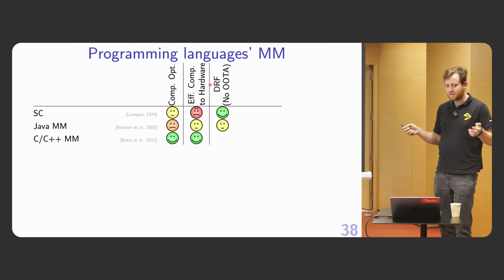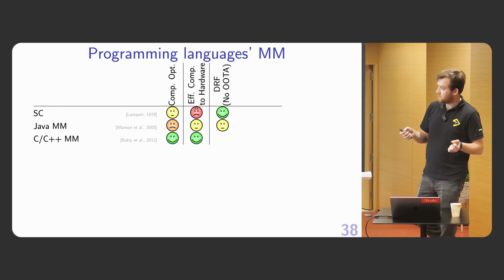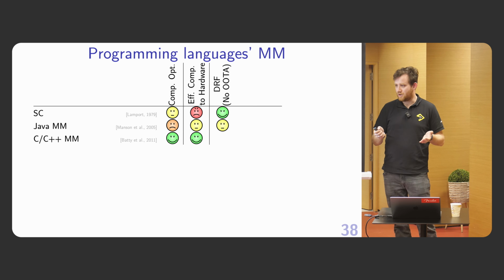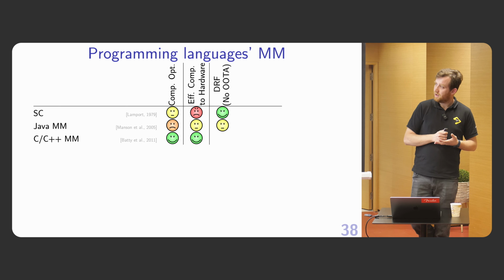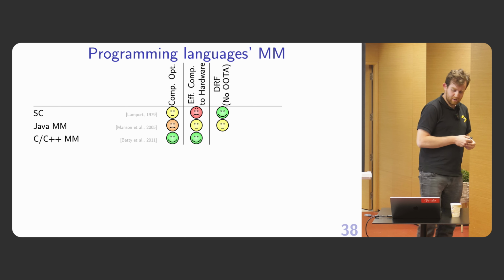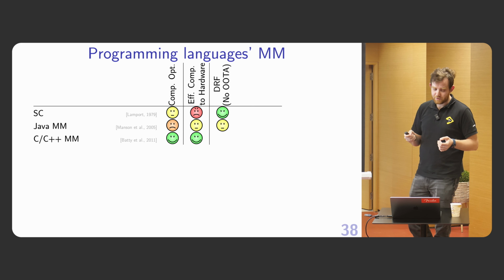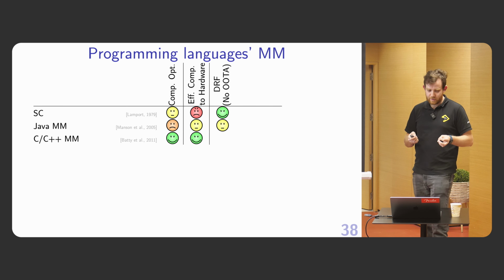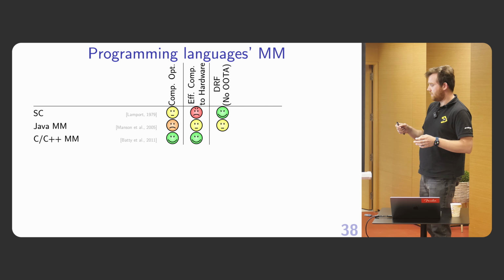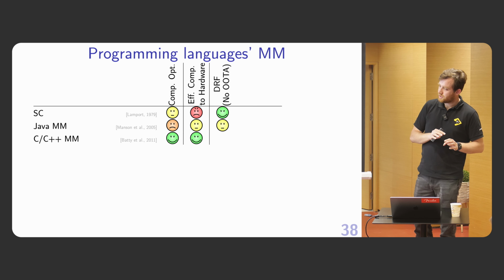In sequential consistency, it's a very good situation, obviously, because the only behaviors we get are sequentially consistent. In Java, it's considered to be good in the sense that it's considered true that the Java memory model doesn't have out-of-thin-air values. However, there are some discussions that there are still problems in the Java memory model.